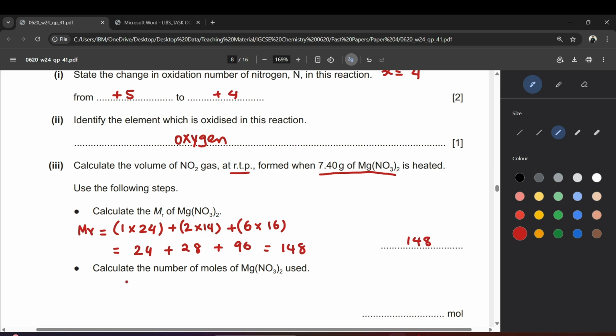Now the next part is calculate the number of moles of magnesium nitrate used. Now there are several formulas of moles. So we need to see what information is given to us.